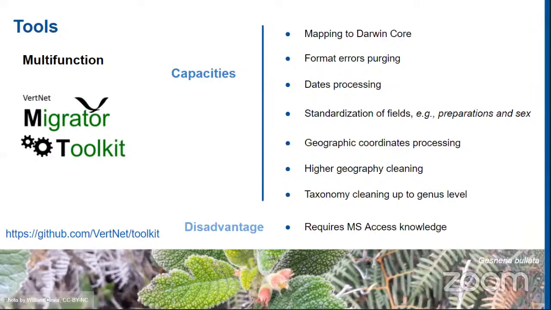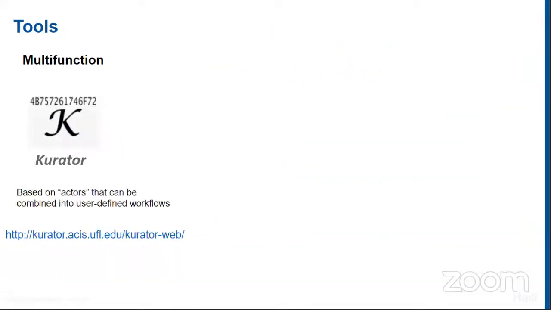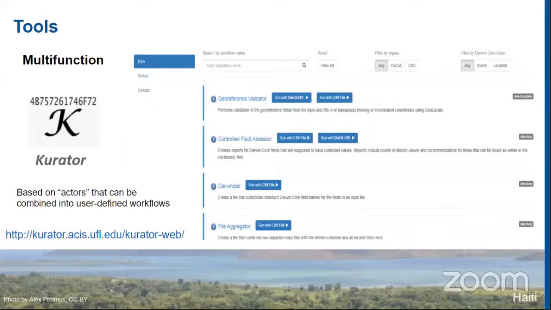Now, it does a lot of things, the migrator. The disadvantage is that it requires that we know how to work with Microsoft Access. If you wanted to use this tool, you can contact the VertNet team, and they could help you with using the migrator.